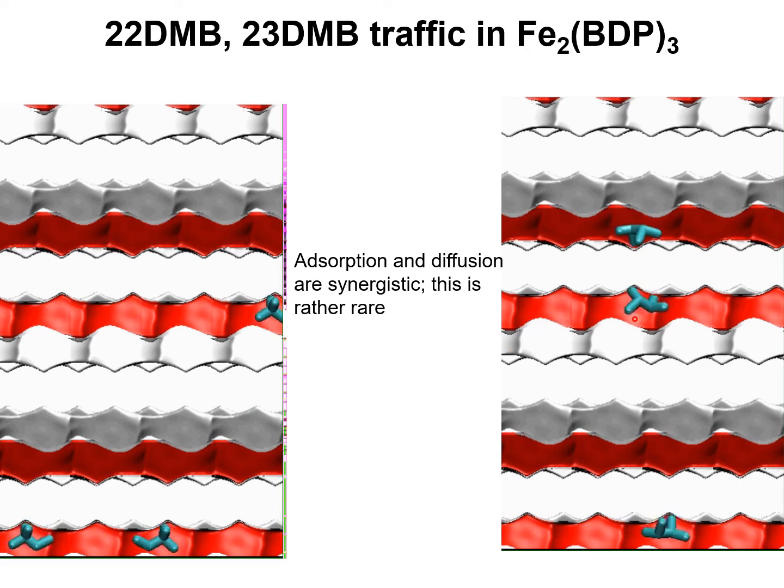The combination of poor adsorption strengths and low diffusivity values makes for earlier breakthroughs in fixed bed adsorbers, and this is desirable from a process standpoint, making Fe2BDP3 a viable candidate for commercial use.